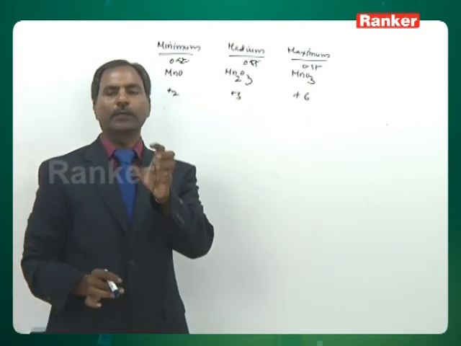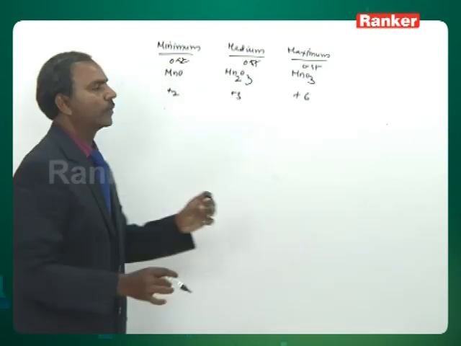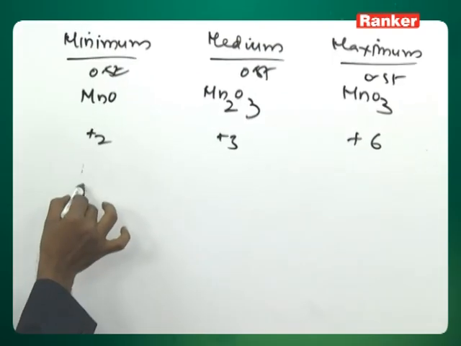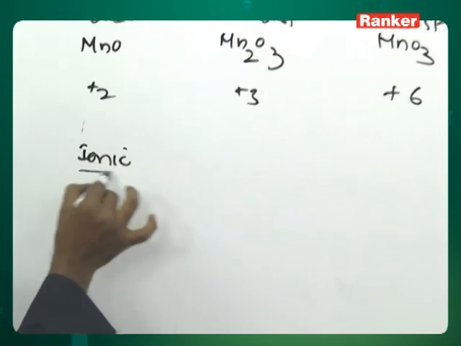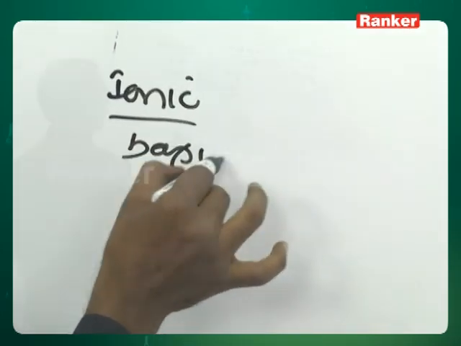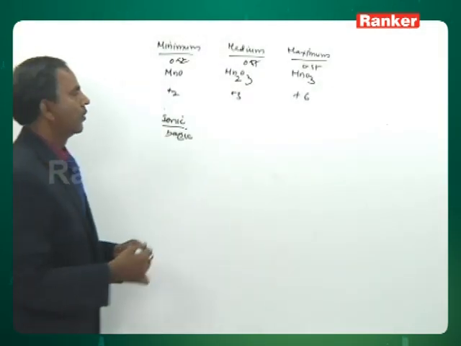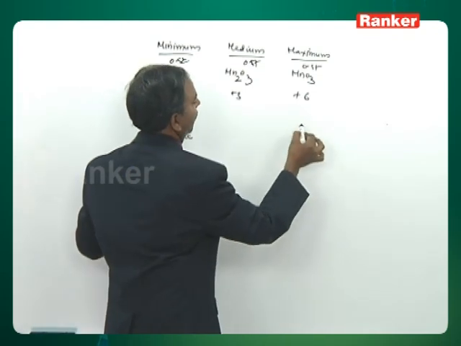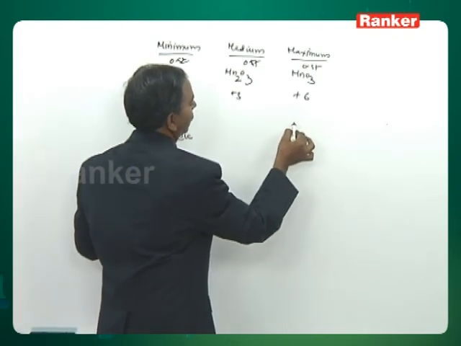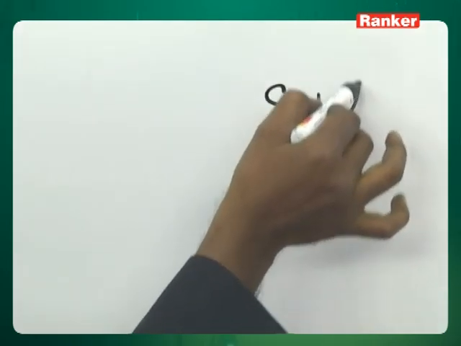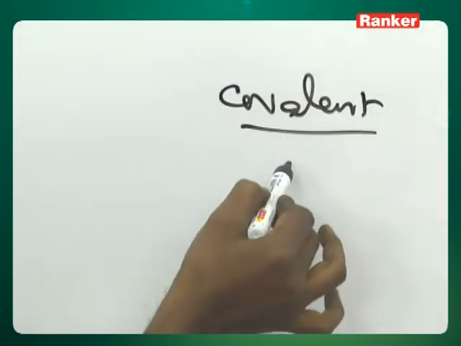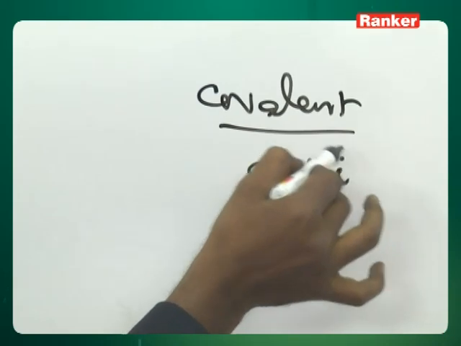Wherever the metal ion exhibits the minimum oxidation state, that compound is more ionic, or you can consider it basic. Wherever it exhibits the maximum, it is highly covalent, or highly acidic.